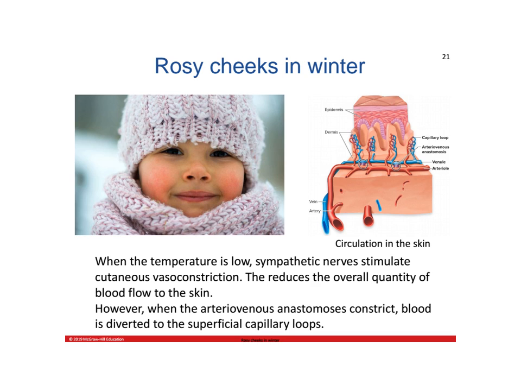And if they constrict, then you actually have diversion of blood into these more superficial capillary loops, which are really just right below the epidermis and so forth. And so that becomes very visual. You can see that this person has a lot of blood flow to those very superficial capillary loops, and that shows up as these rosy cheeks, which is, of course, very cute.